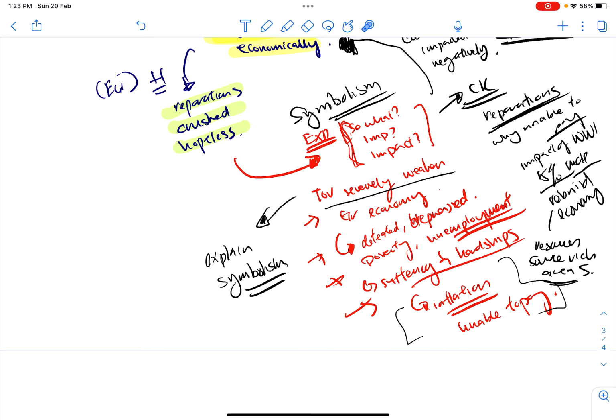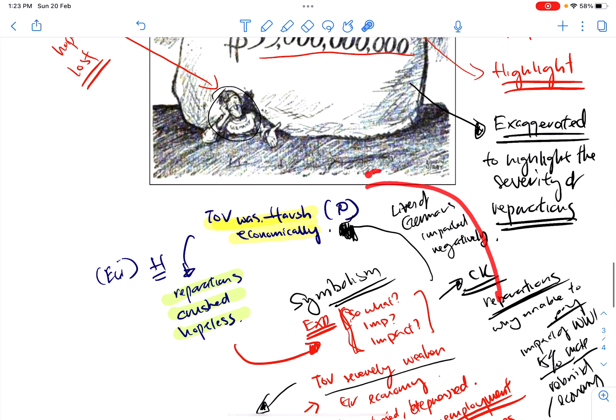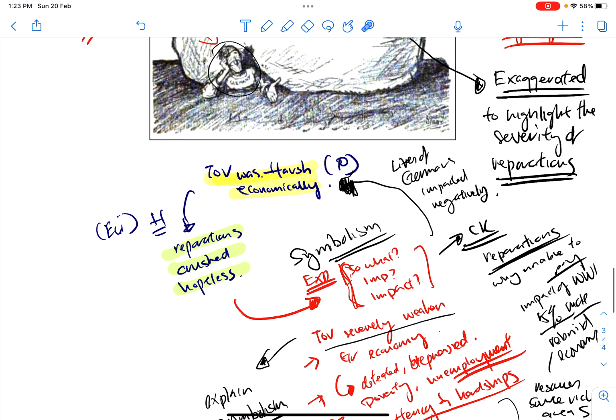It is the reparations and the fact that they were unable to pay because they lost 15% of the population, as well as a lot of their resource-rich land, resulting in a lot of hardship and suffering for the people, and therefore implying that the TOV was indeed too harsh economically. It did not take into account Germany's ability to pay.